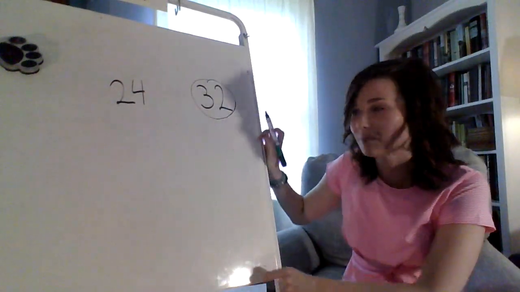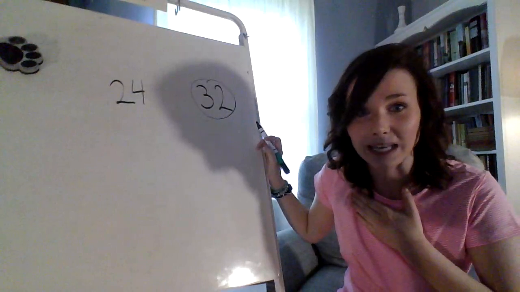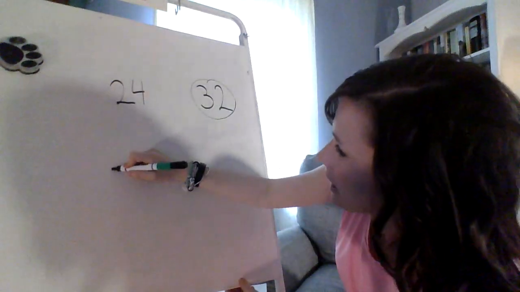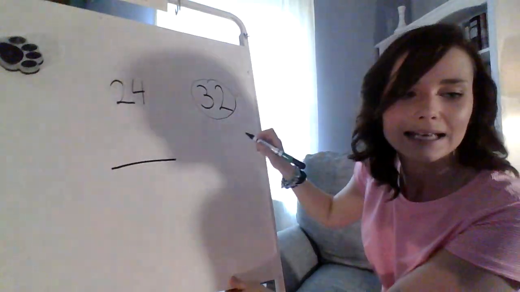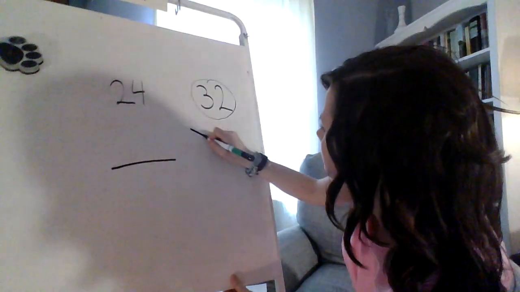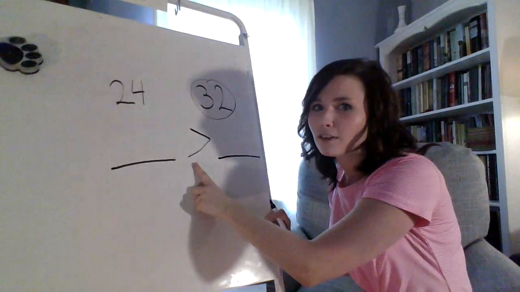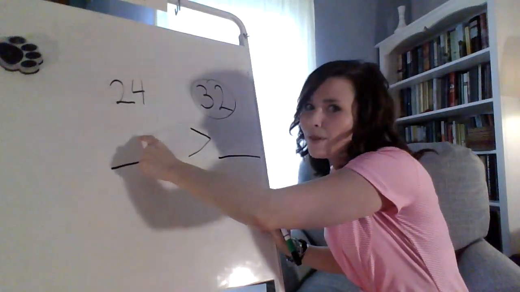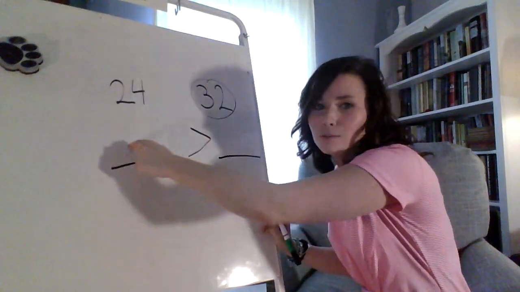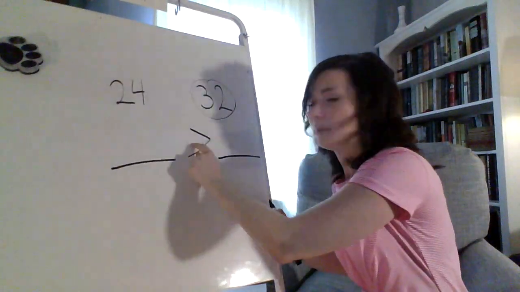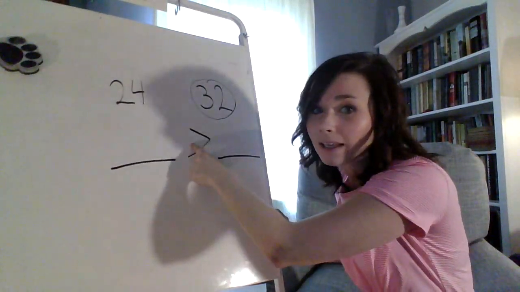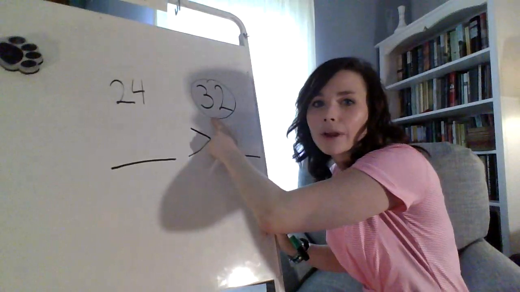Then it has our number sentence that we need to fill in the blanks for. It has blank. Then it has Chompy. And a blank. Remember, Chompy wants to eat the greater number. So the number that's going to go here has to be the greater, the bigger number, because Chompy is always hungry. He always wants to eat the bigger number.